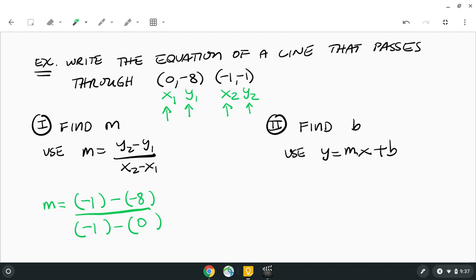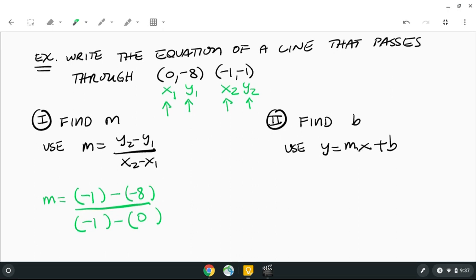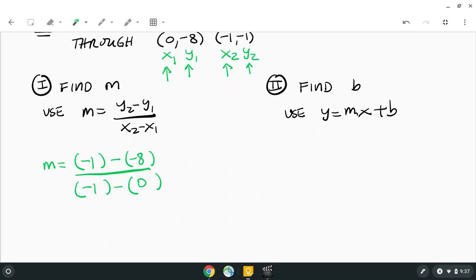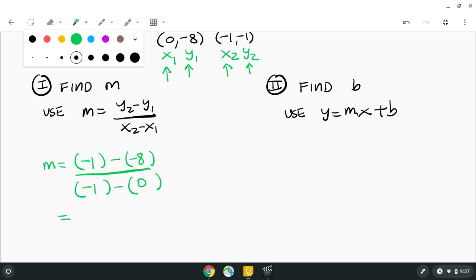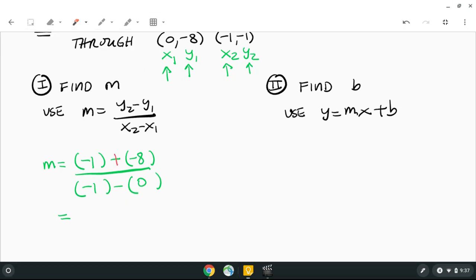Okay, so now that I've plugged in for all of my x's and y's, I can work this out. And one thing to remember is if you have double negative, like you do up in the numerator, right over here, I'll do it in red. You have double negative here, so this is going to become positive. Okay, so that's like a +8 now.